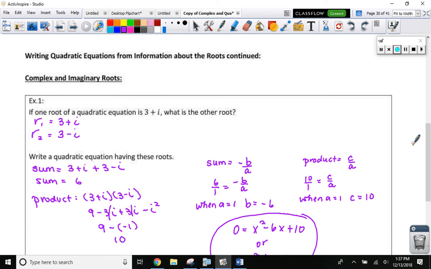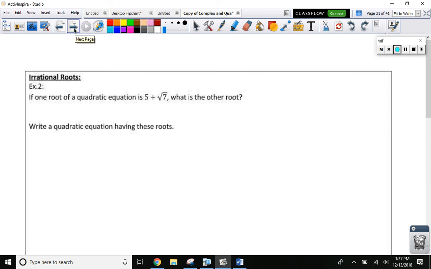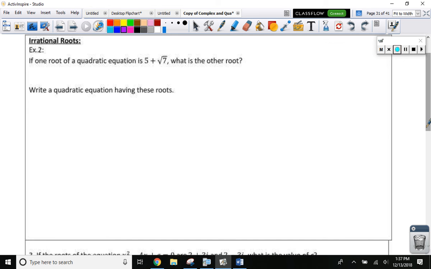Okay, try another one. Now we're looking at irrational roots. If the first root is 5 plus radical 7, what do I know is the second root? 5 minus radical 7, they are conjugates of each other. I want to write a quadratic equation that would have these as roots.